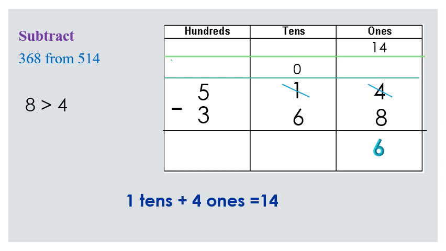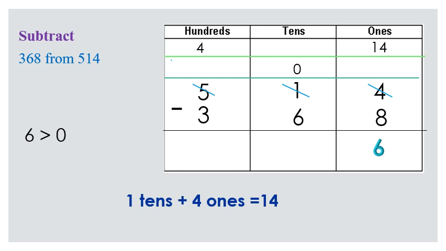Now subtract the tens column. 0 minus 6. Here 0 is less than 6, or 6 is greater than 0. We cannot subtract 6 from 0. So 0 has to borrow 100 from the hundreds column. After giving 100, 500 becomes 400.